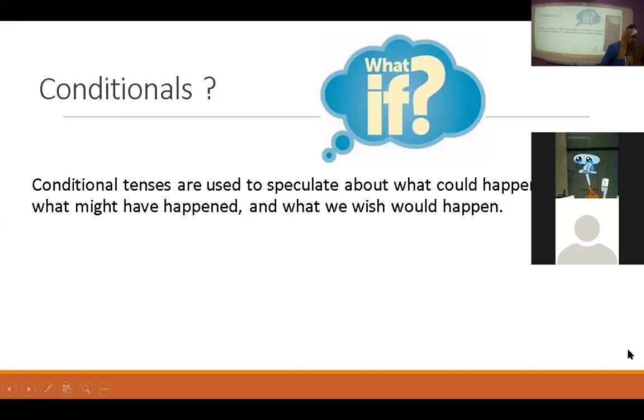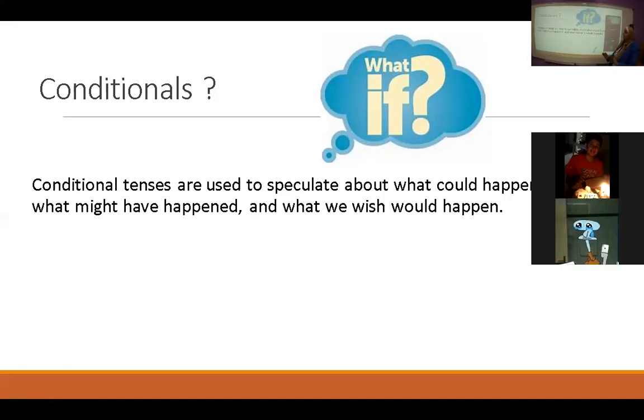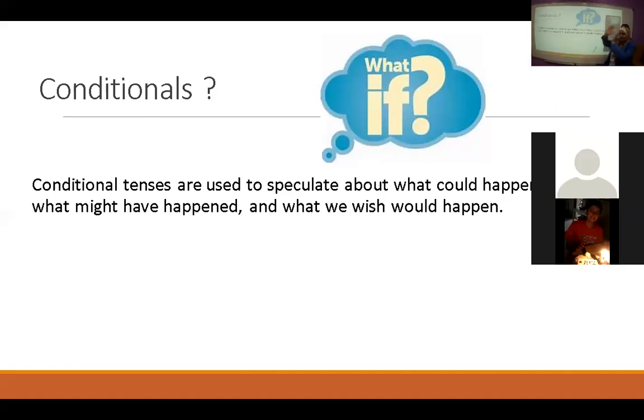Okay, I'll start. Now, as we said, conditional tenses are used, and again, be careful with the word used, because grammar is function, grammar is use. They are used for 3 cases. First, to speculate about what could happen. When we say could happen, is it future, present, or past? You can answer me.